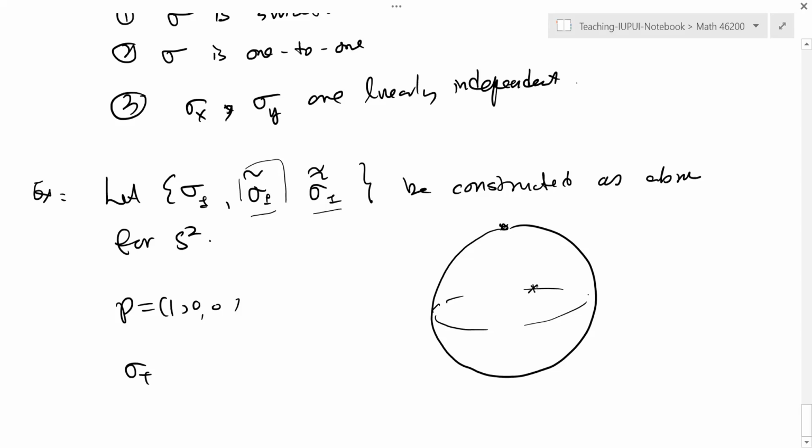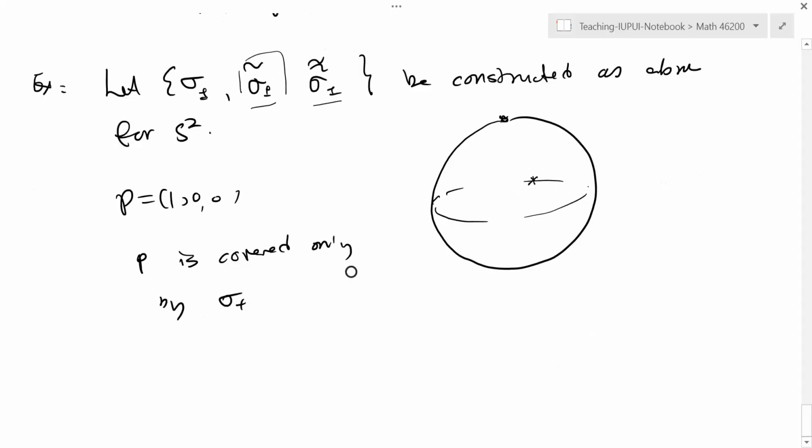Somewhere here, it's covered in the image of several regular patches. But this particular point P is covered only by sigma plus.